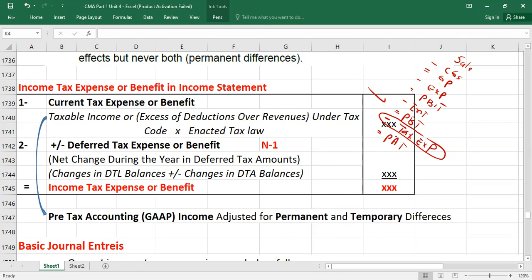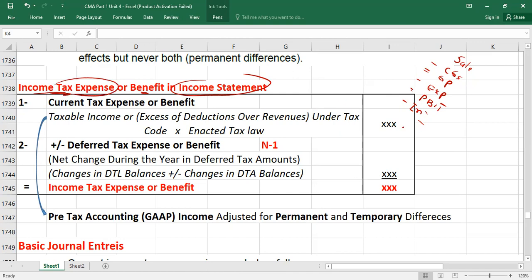For that, I have a small format here. So here we go. Income tax expense or benefit in the income statement, how is it calculated? Here is one concise format. Under tax expense, we always take two things.